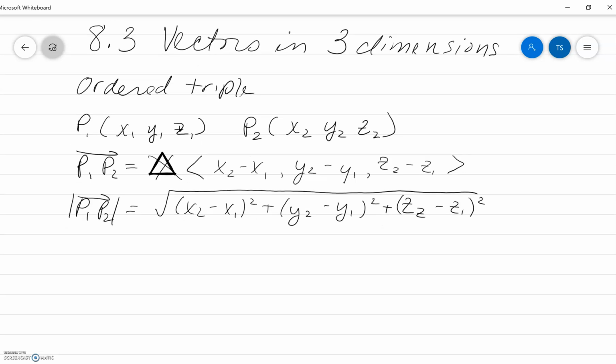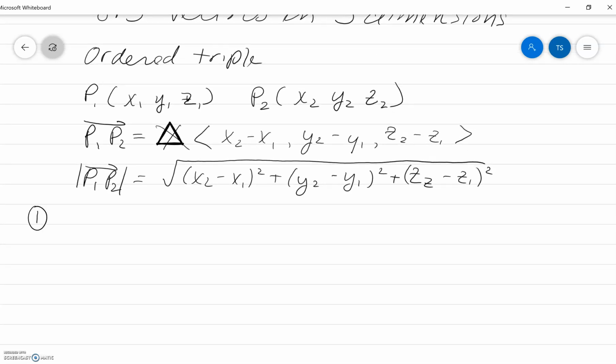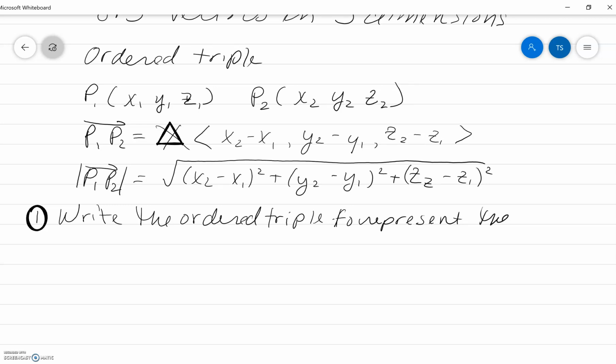So here we are going to write a vector. Here's example 1. We're going to write the ordered triple to represent the vector from A to B, where A has coordinates -2, -5, 0, and B has coordinates 3, 1, 8.